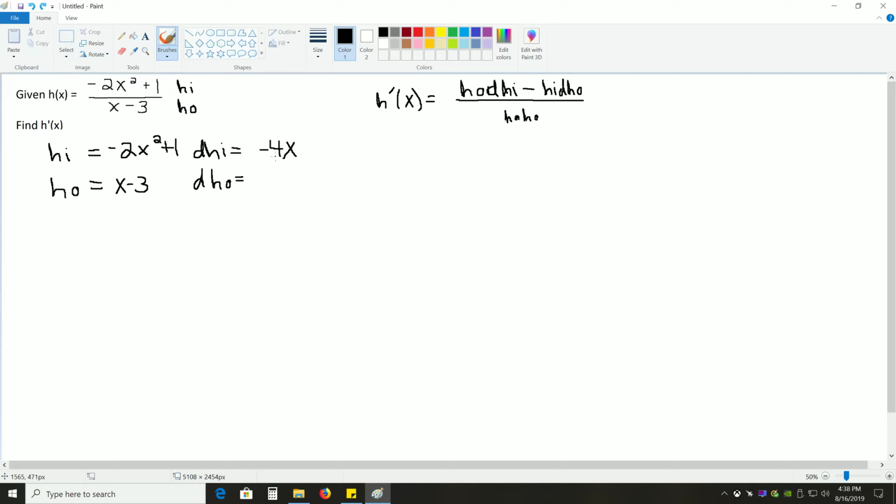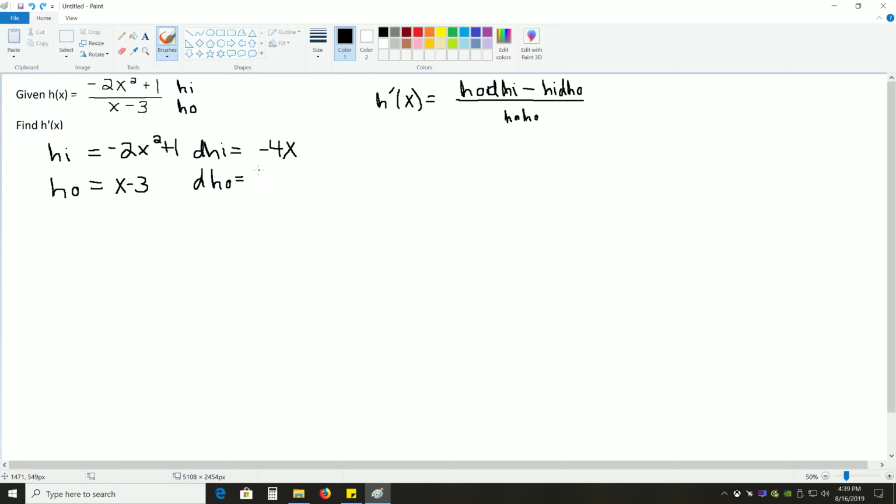So we get negative 4x plus the derivative of 1. The derivative of any constant is just 0, so plus 0, which we don't even have to write. Remember, if you're confused on this, just go back to the power rule video.